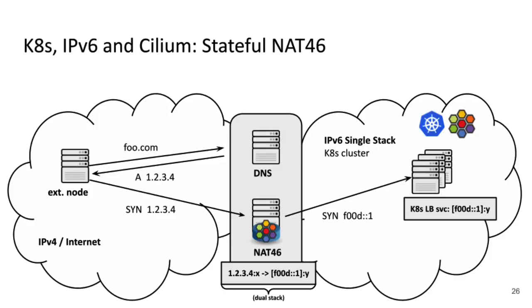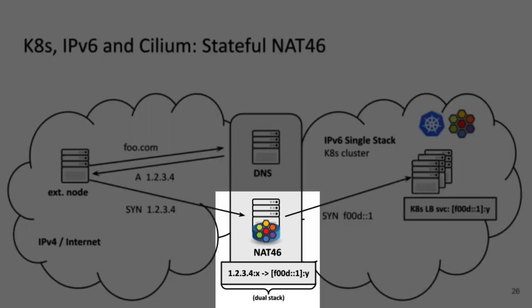First, let's have a look at the NAT46 use case, where you've got a workload on the left-hand side, which is running on IPv4, a client that is trying to access a service hosted in an IPv6 only Kubernetes cluster. So what we can do here is just deploy a NAT46 gateway, which will have a leg in the IPv4 world and one leg in the IPv6 world.